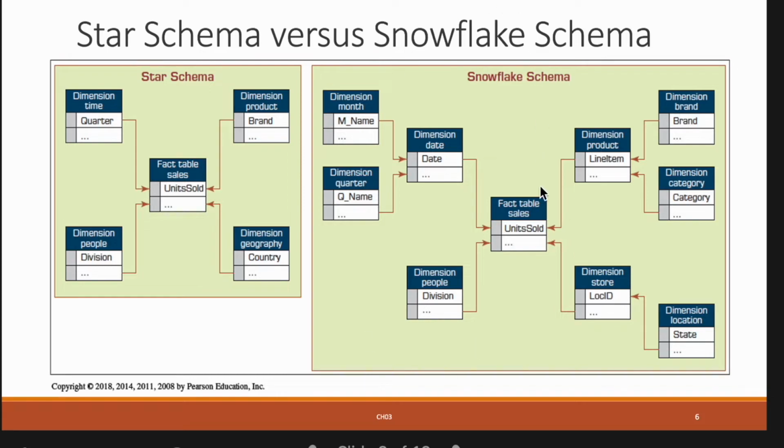The snowflake schema, as you notice, has more dimension tables to explain the dimension data. It is a little more complicated than the star schema, but the star schema is the one we're going to focus on in this class.